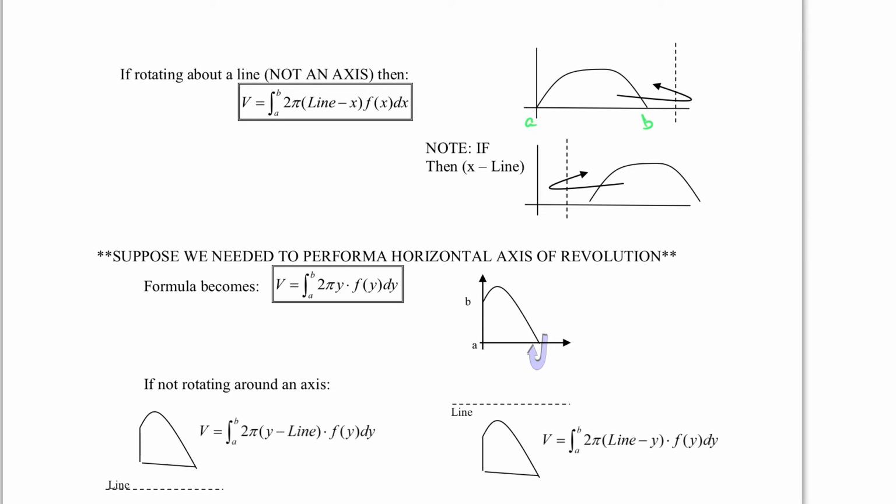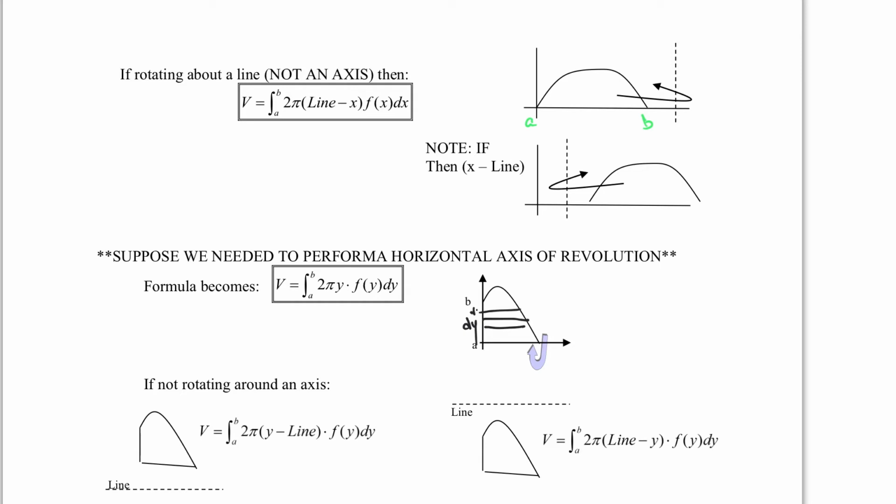Now, suppose we need a horizontal axis of revolution. So again, we're going to go parallel. This time, A and B end up on this side from A to B, because we're taking our slices to be parallel to this horizontal axis of revolution. Since we're going this way, it's just like before, we have to figure out what our slices are. They're dy.